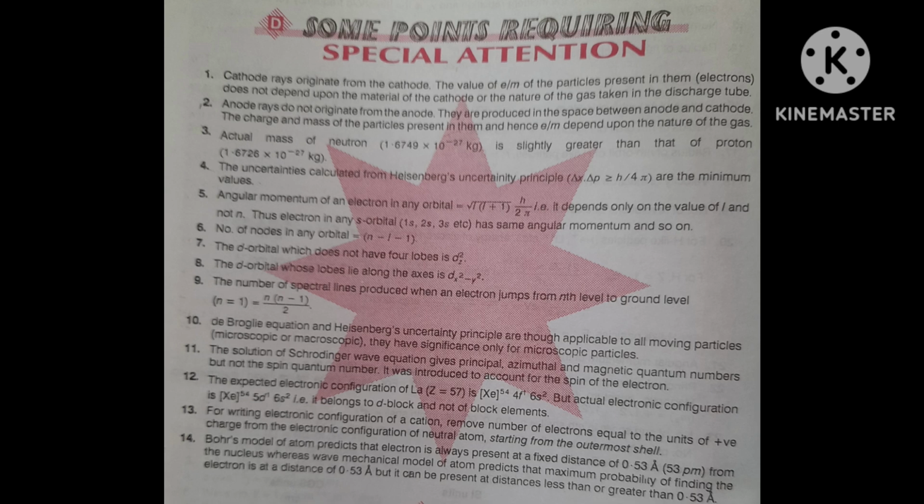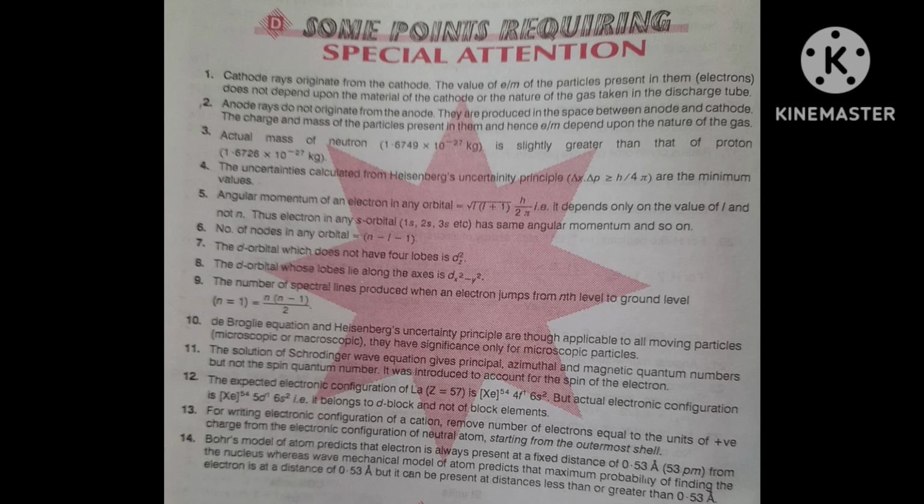Out of those five, the d orbital which does not have 4 lobes is dz². Next, the d orbital whose lobes lie along the axis, again an important question, is dx²−y².